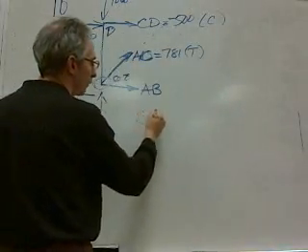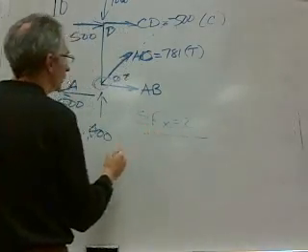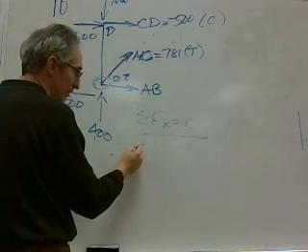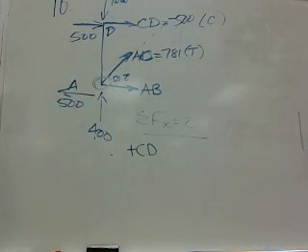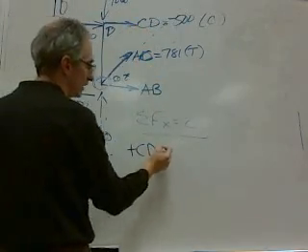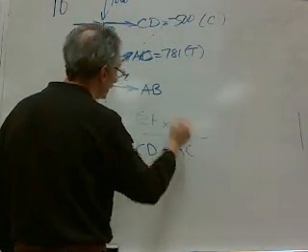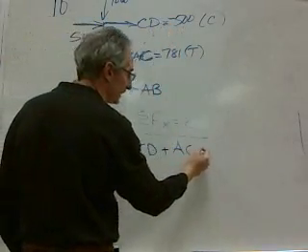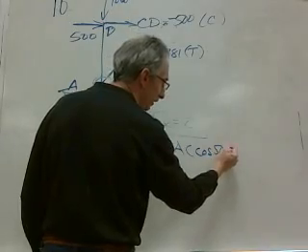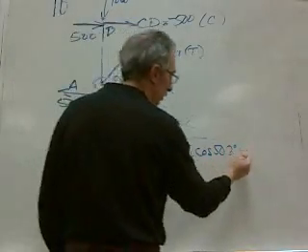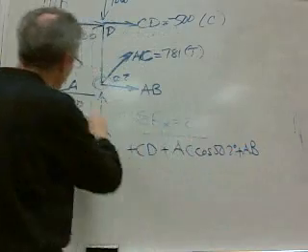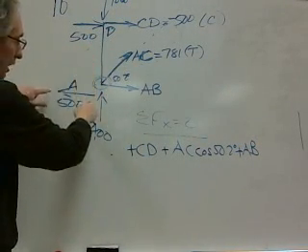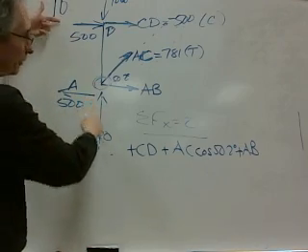Okay, sum of forces in the X direction. So we have plus CD, we have plus AC. Sorry about that, I had written AD up there. This diagonal is AC. AC cosine of 50.2 plus AB. I do have the 500-pound reaction, and also the 500-pound force.